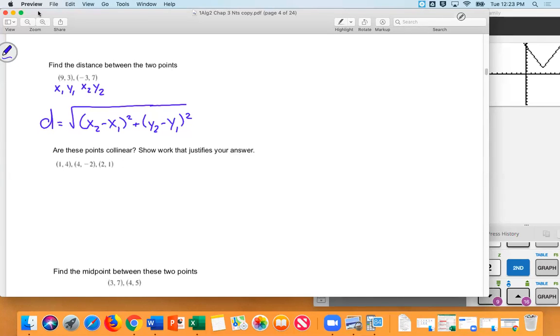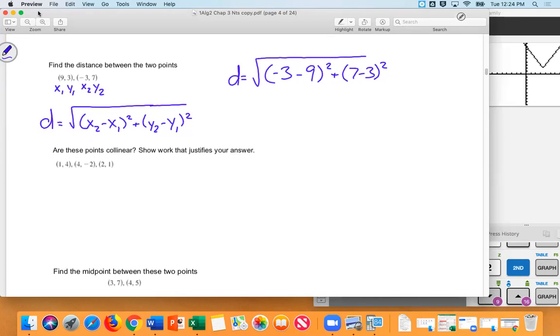So I'm going to write d equals the square root of x2 was -3 minus x1 was 9 plus y2 was 7 minus 3 squared. So the first one was -3 minus 9 because it's x2 minus x1. And then I have y1 as being 3.